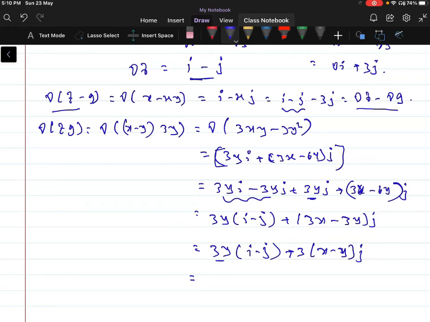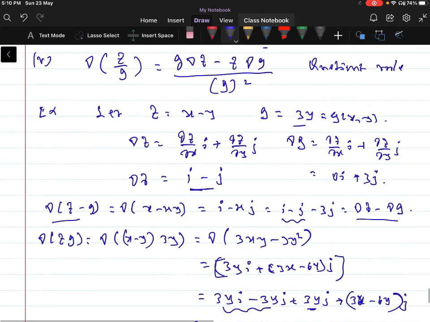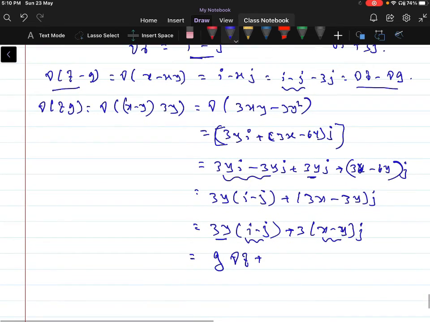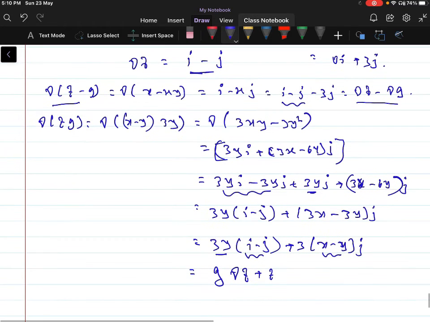So where 3y can be written as g, I minus j cap is gradient of f, plus x minus y, where x minus y is function f here, and 3 into j cap is gradient of g. So therefore you can write gradient of fg can be written as g into gradient of f plus f into gradient of g.